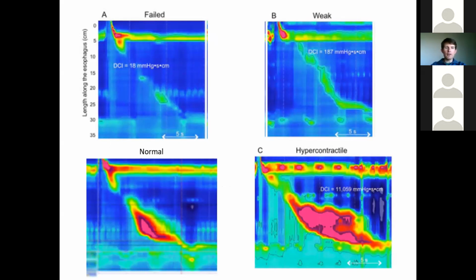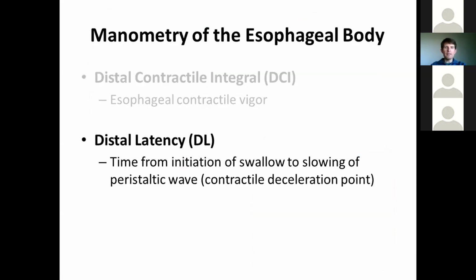All of these are essentially peristaltic. Even though technically in the failed swallow you can't really say it's peristaltic, you can see that there is some element of peristalsis here. It's not absent contractility. You do see a little bit of contractility in a peristaltic pattern, but these are the four different types of swallows based on the DCI.